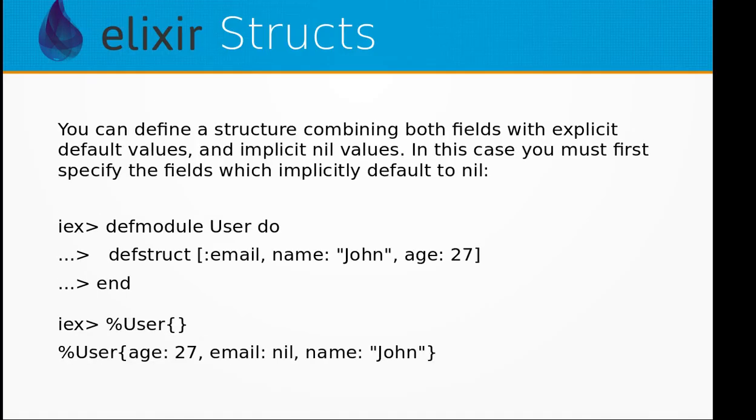You can define a structure combining both fields with explicit default values and implicit nil values. In this case, you must first specify the fields which implicitly default to nil.